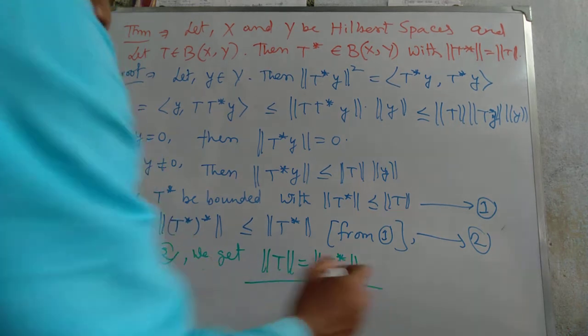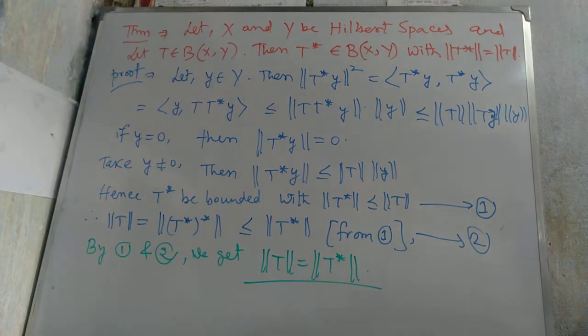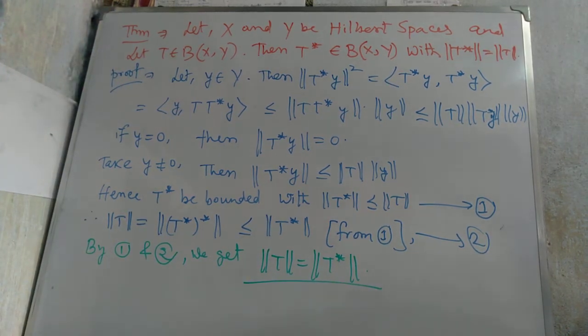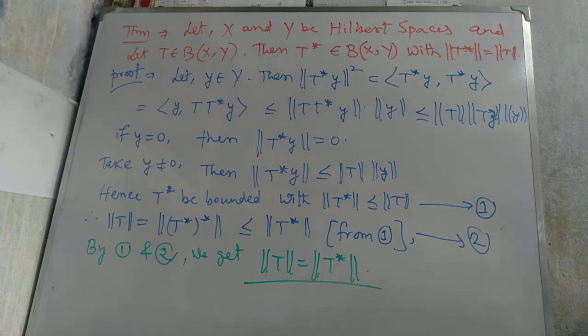So what we obtain: X, Y be two Hilbert spaces and T belongs to bounded linear operators from X to Y, then T star, or adjoint of T, exists with norm of adjoint of T equal to norm of T.